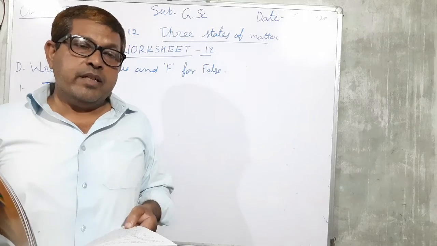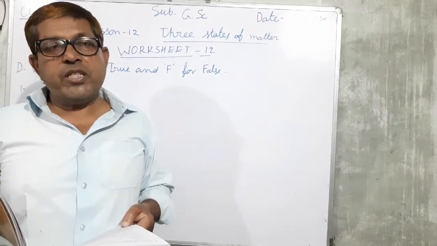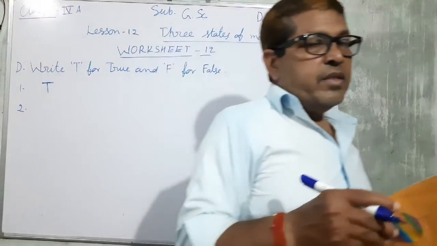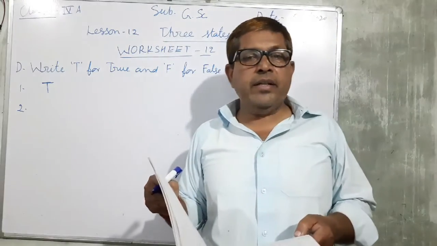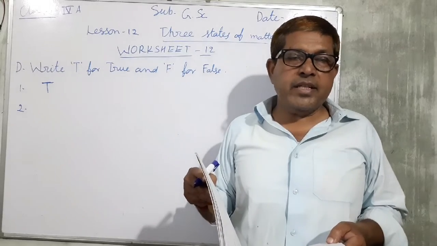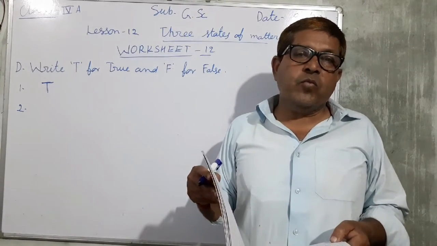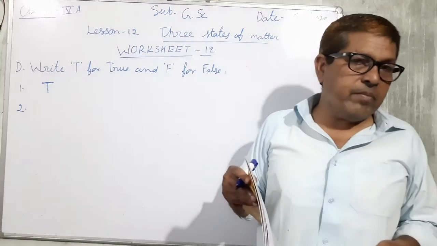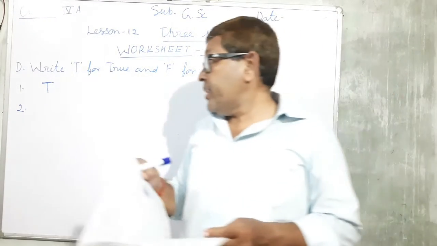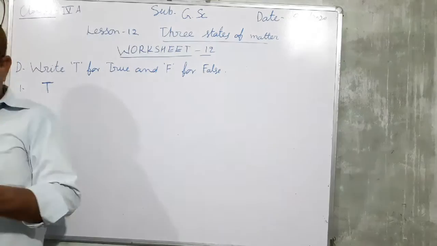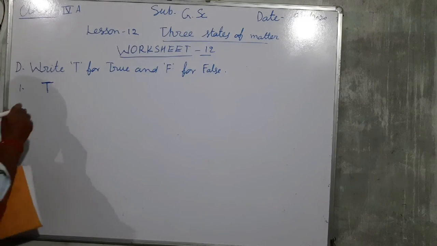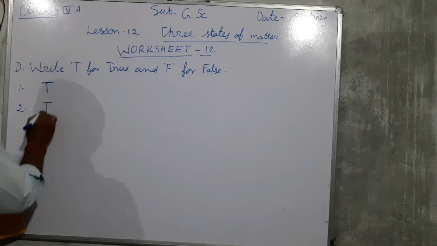When temperature is reduced, it is converted into ice, that is a solid, and when temperature is increased, water is converted into water vapors, that is the gaseous state of matter, that is gas. So in this way, second, metals are interchangeable. It is true.